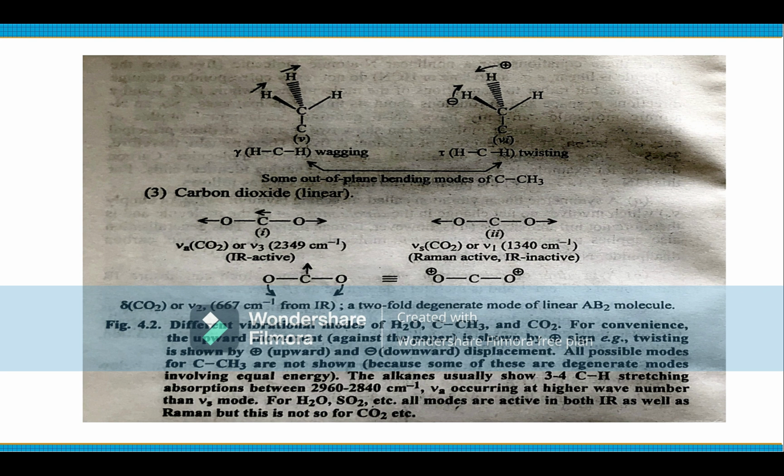In the anti-symmetric mode, there is a small mistake in the diagram. One atom is going away, where one other oxygen atom is coming in. So there is a small mistake, please correct it. This mode is IR active because the dipole oscillates during this mode.